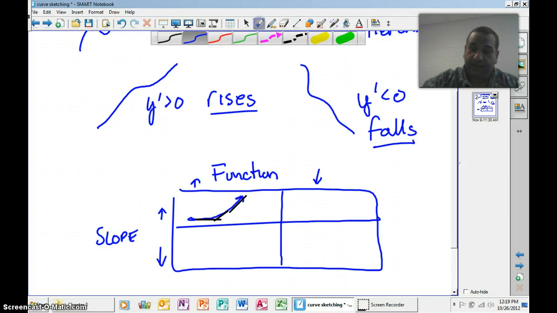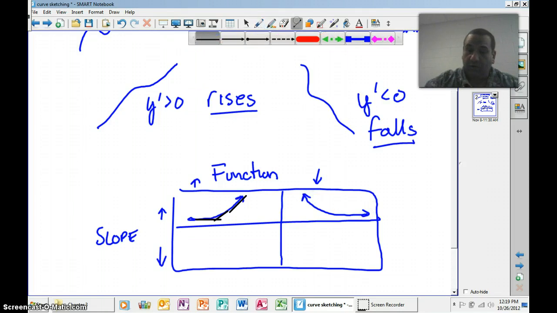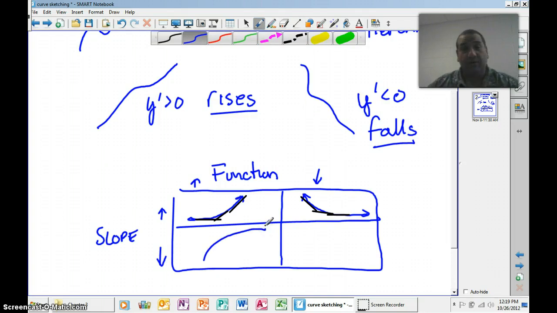If we're going to talk about the function decreasing and the slope increasing, this is what we're talking about, like that. Because all these slopes are increasing, getting closer to 0, becoming more negative and then getting to 0. The slope is decreasing, but the function's increasing. Now we're concave down.